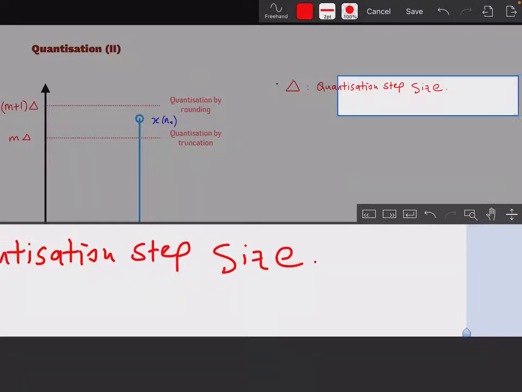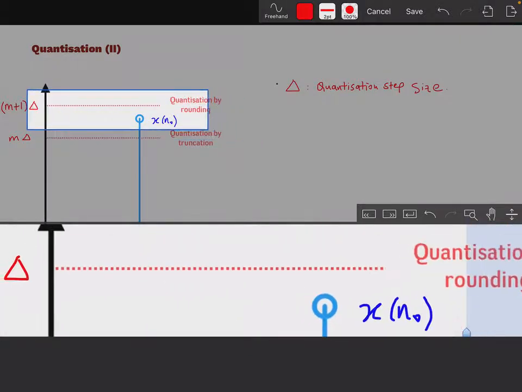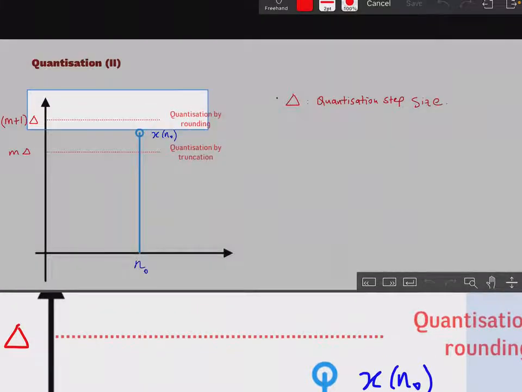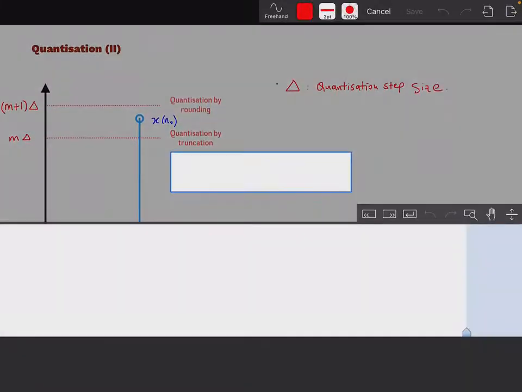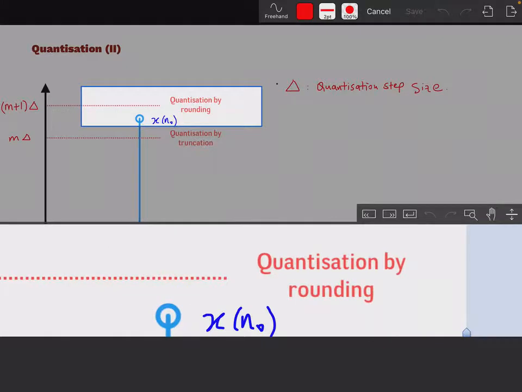And if we are quantizing by rounding, we will be mapping our signal to a value which is closest to it. So we would be mapping that sample to this value. So this is quantization by rounding.